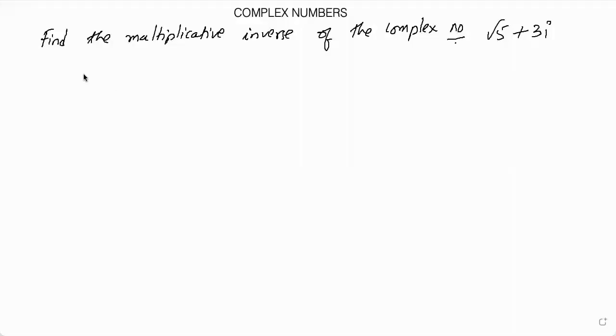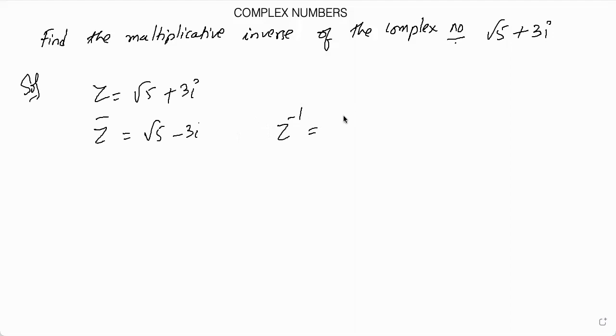So let us find the multiplicative inverse of a given complex number. Z is equal to root 5 plus 3i. Now the conjugate of this would be root 5 minus 3i. The formula to find the multiplicative inverse is Z inverse equal to Z bar by mod Z square.